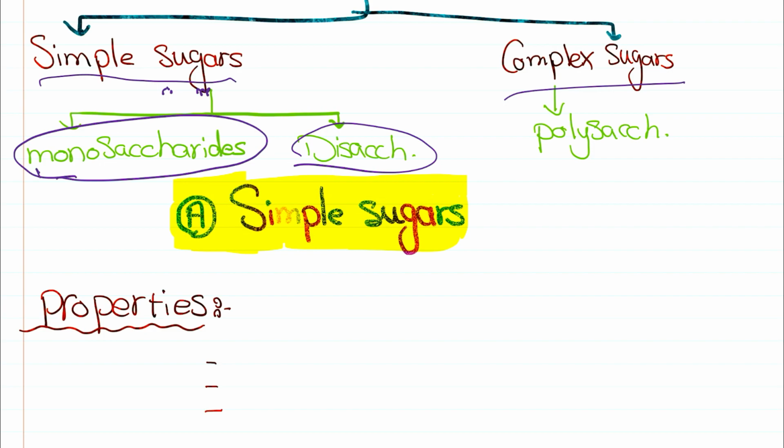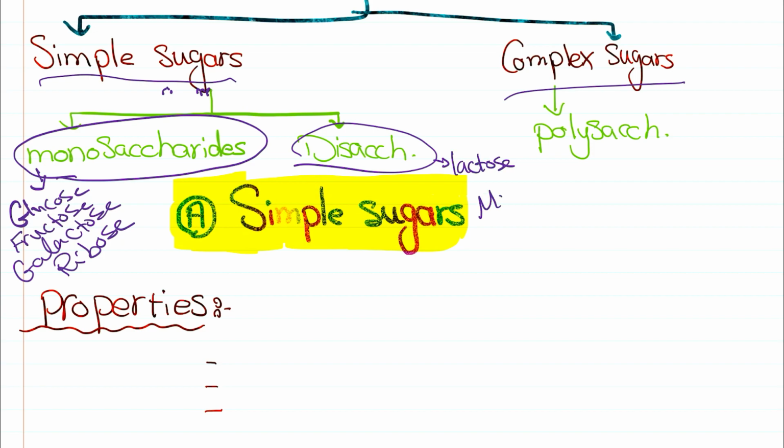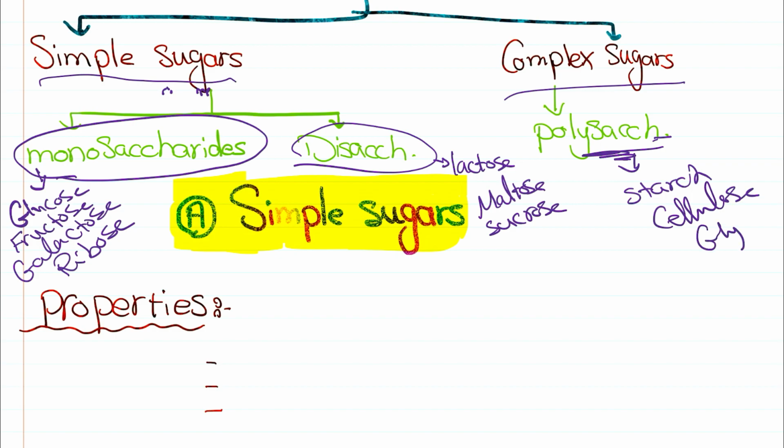Examples of monosaccharides: glucose, fructose, galactose, and ribose, and we'll explain in detail. Disaccharides like lactose, maltose, sucrose. Complex sugars, which are called polysaccharides, are formed of a high number of monomers or monosaccharides, like starch, cellulose, glycogen.